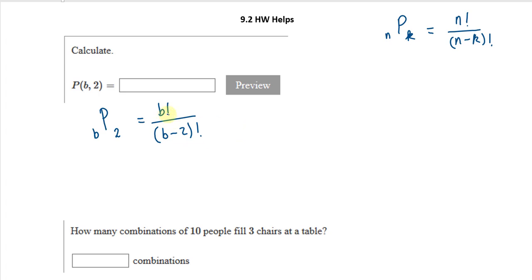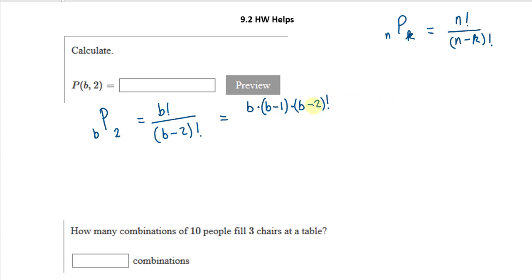Now we need to simplify this one. We know that b factorial is b multiplied by b minus 1, one less than b, and then multiplied by b minus 2, b minus 3, b minus 4, and so on. So you can stop here with b minus 2 factorial, because b minus 2 factorial means b minus 2 multiplied by b minus 3 multiplied by b minus 4, and so on.